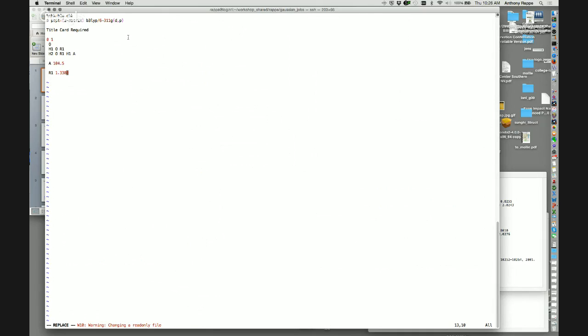We're starting with a guess angle of 104.5. We'll go ahead and let that run, and then look at the geometry that we get out.